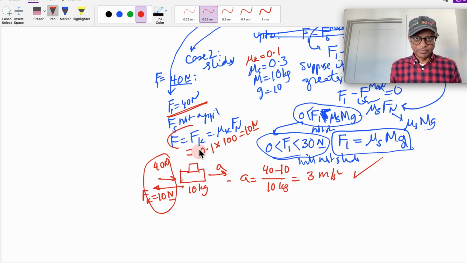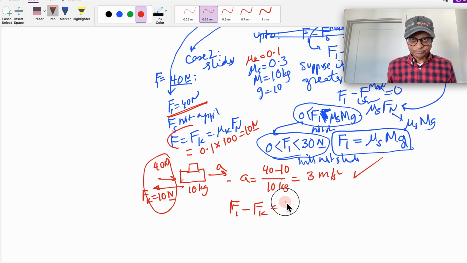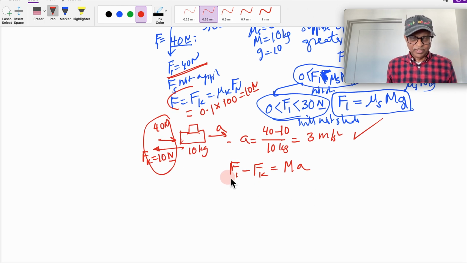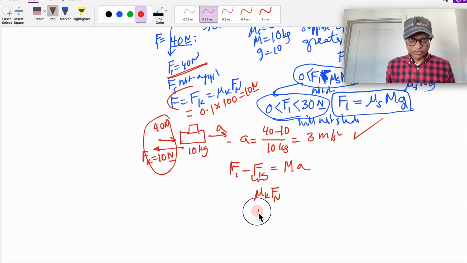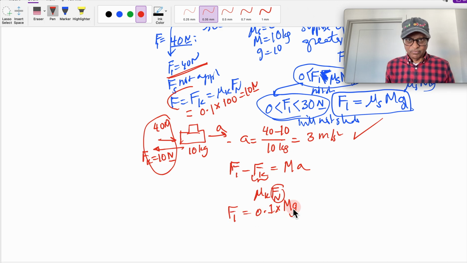But this equation F1 minus Fk is equal to ma tells you this will not change. See, if this is mu k Fn, and if mu k is 0.1, and Fn was mg, then F1 minus mu k mg equals ma.